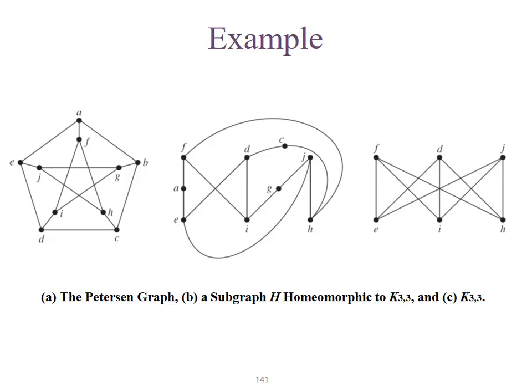But in fact, it's not that easy. You can rearrange the vertex positions to make it look different, and eventually discover the subgraph homeomorphic to K3,3.